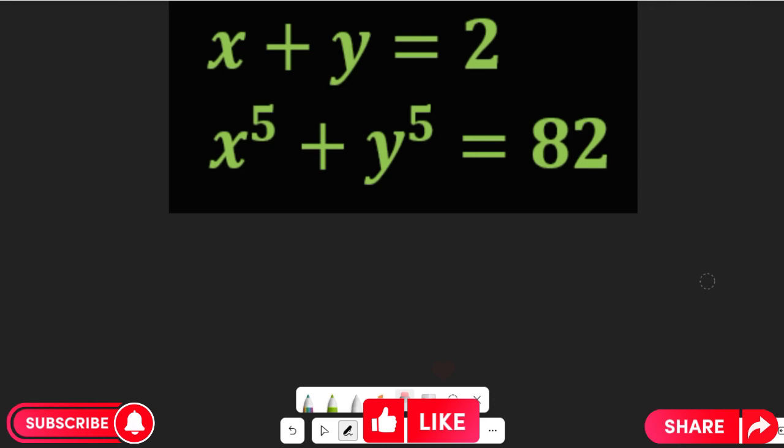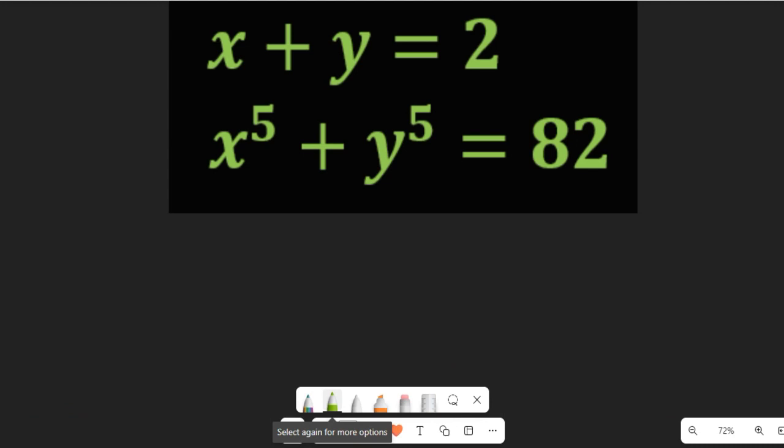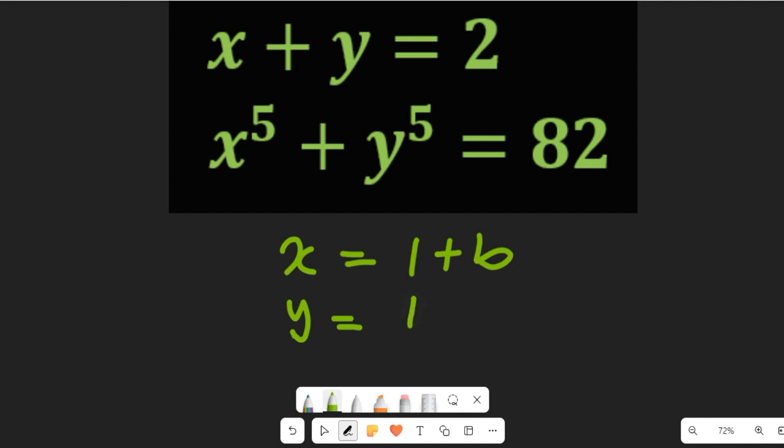Now let's solve. To solve this, we are going to assume the value of x to be, let's say, 1 plus b, and we're going to assume the value of y to be equal to 1 minus b. Now, how do we simplify this?